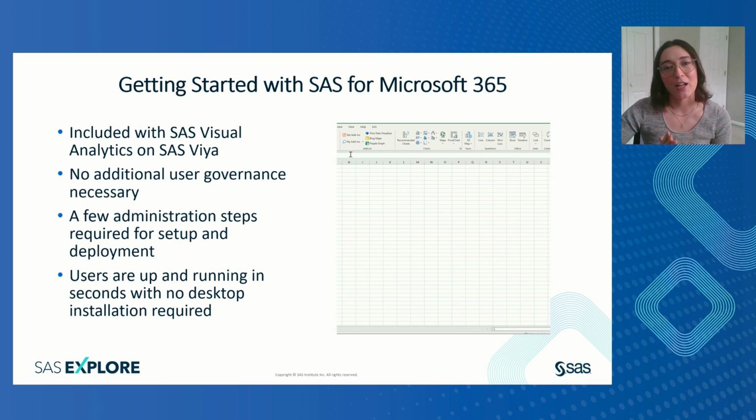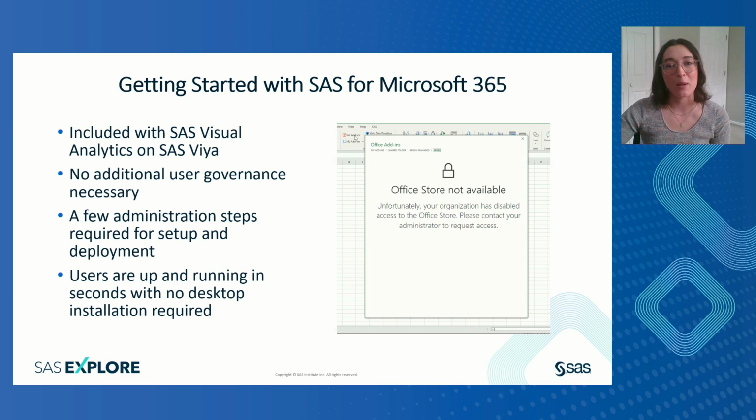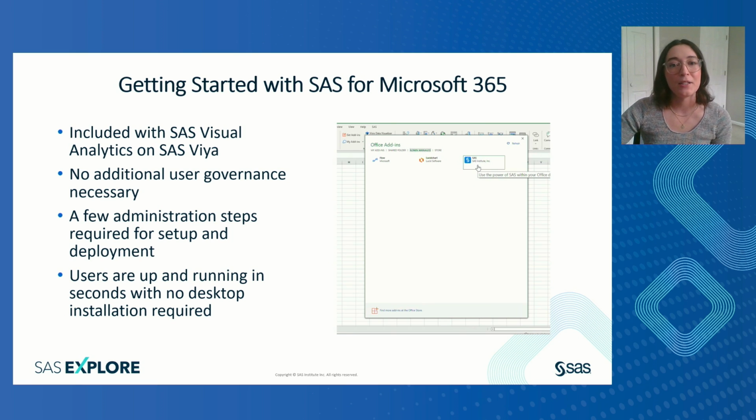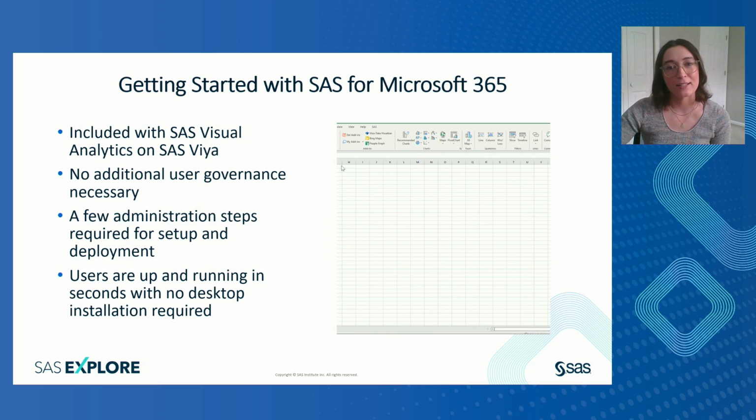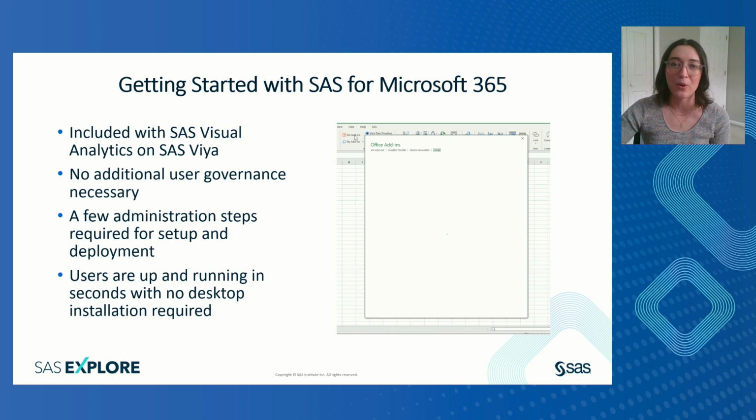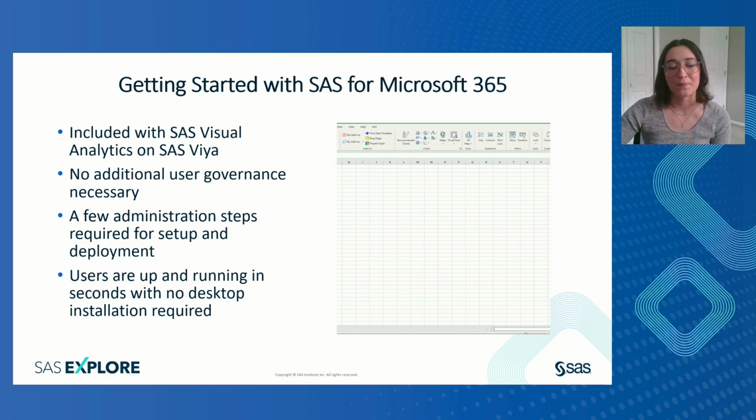First, SAS for Microsoft 365 uses the same governance model that already exists in your Viya environment to determine who has access to SAS content like Visual Analytics reports or SAS data, so no additional security configuration steps are necessary.